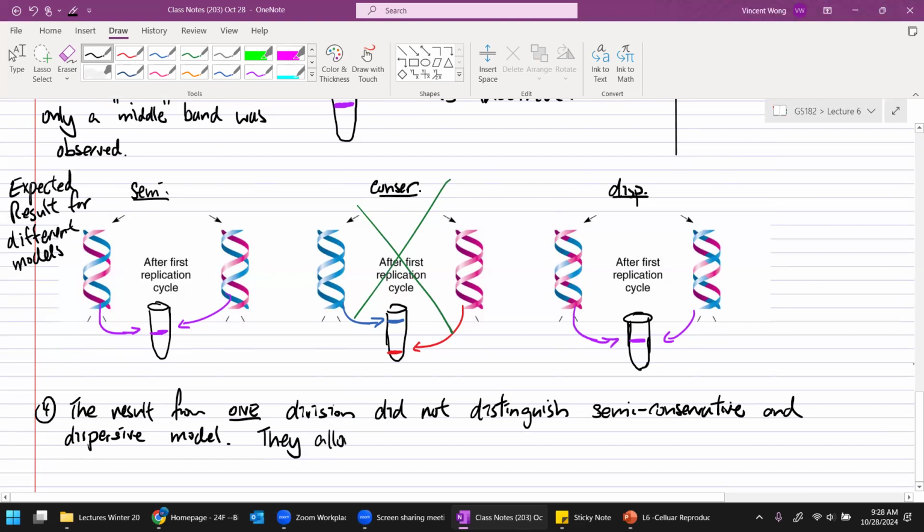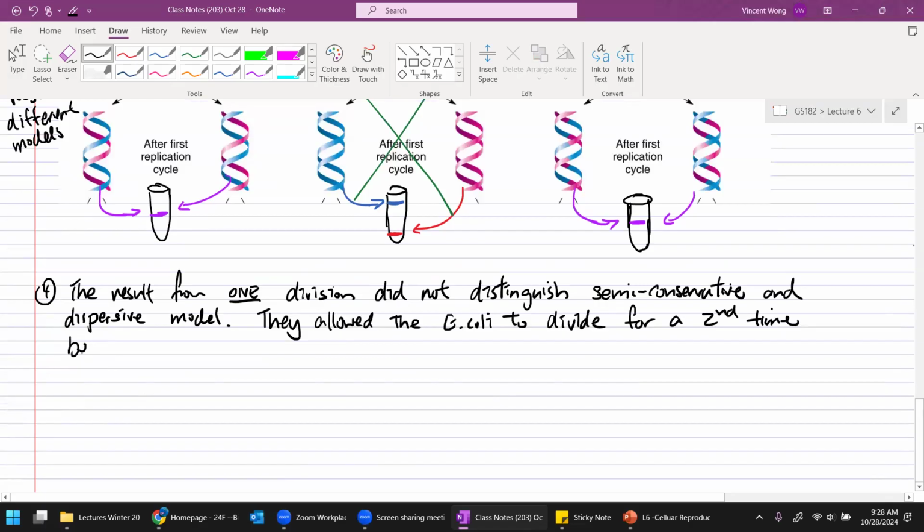They allowed the E. coli to divide for a second time before extracting the DNA.